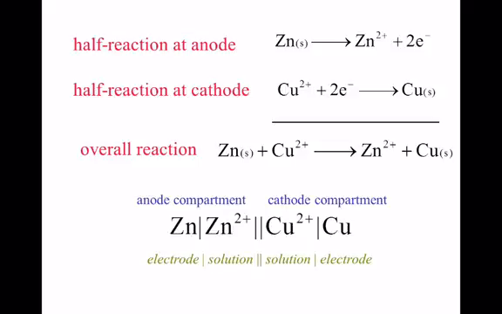I think of the double bar as separating the two compartments. The anode is where oxidation happens, and it's got the vowel thing going: anode, oxidation. Cathode, reduction, consonants. And that's it.